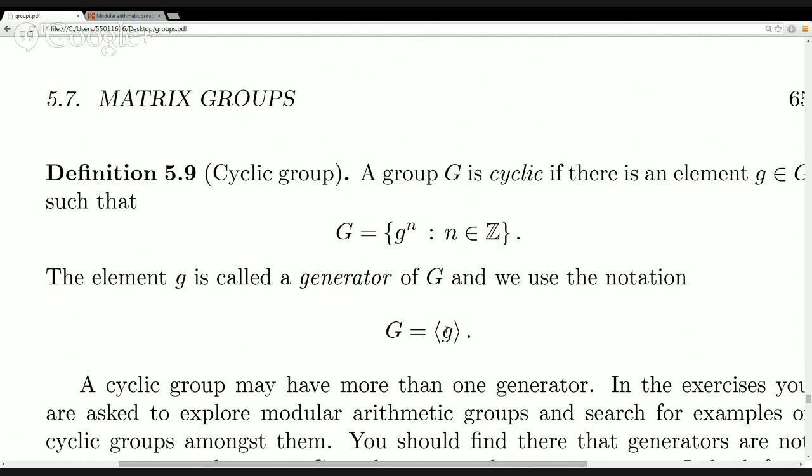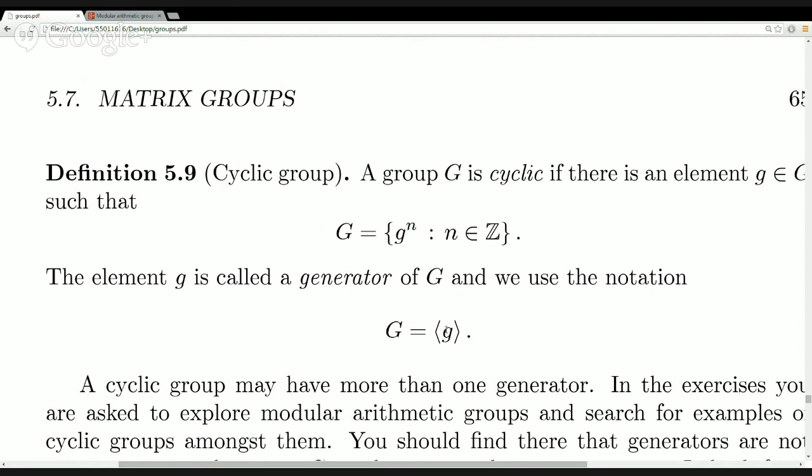So for a finite group G, G is cyclic if there exists a special element in it such that that special element generates the group. So there's some element there, you consider all the powers of it, you get all the elements in the group. G is equal to the set of these elements, where n is equal to the number of elements in G, or the order of G. So n is the number of elements in G. It's what we defined last time to be the order of G.